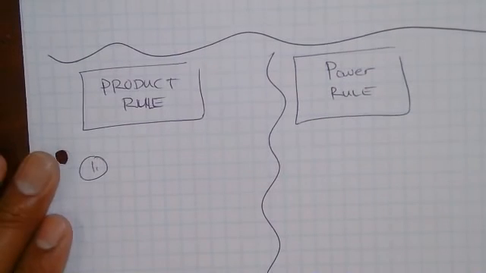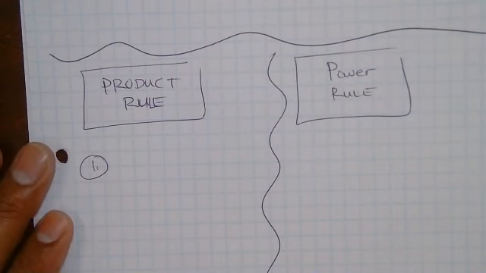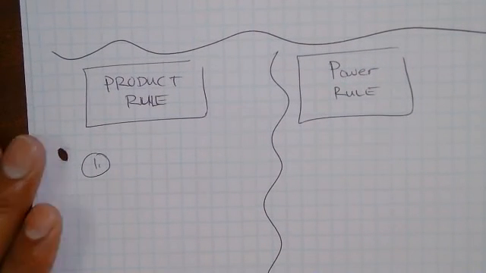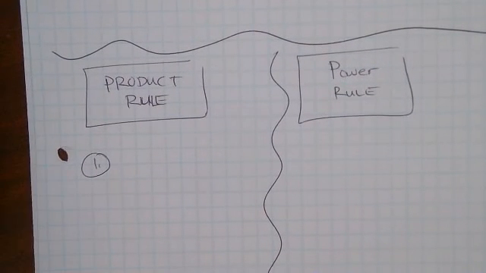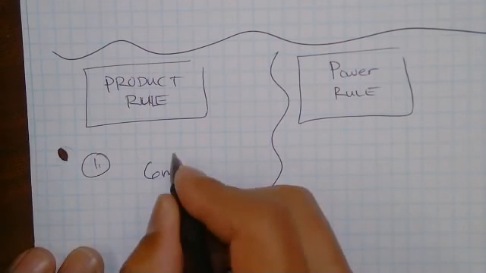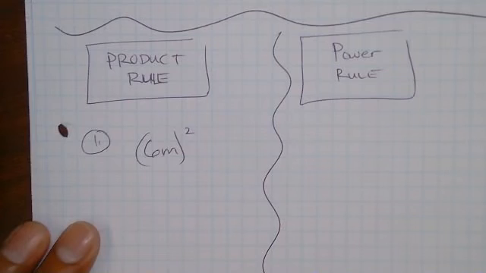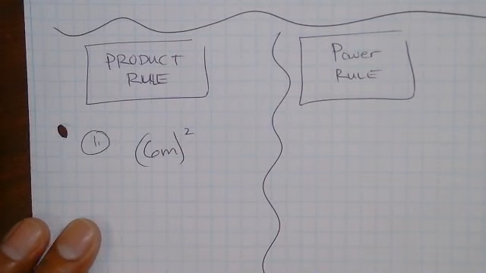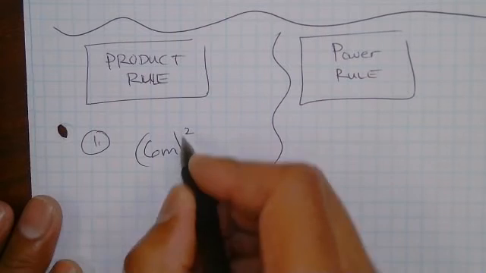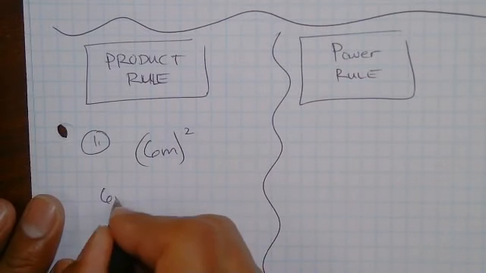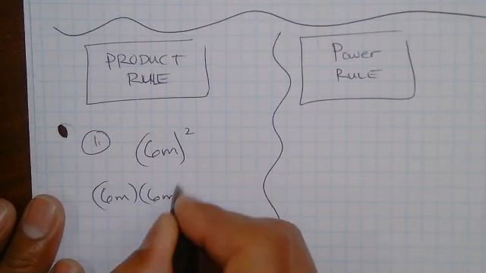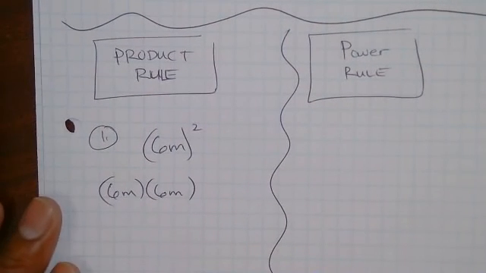Number 1: (6m) quantity squared. Well, if I'm going to do this with the product rule, that means that there's how many of these parentheses? There's 2 of them.